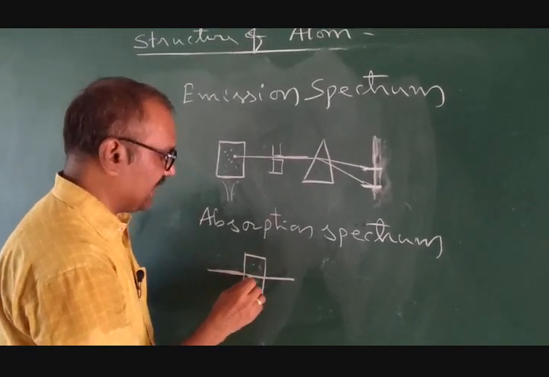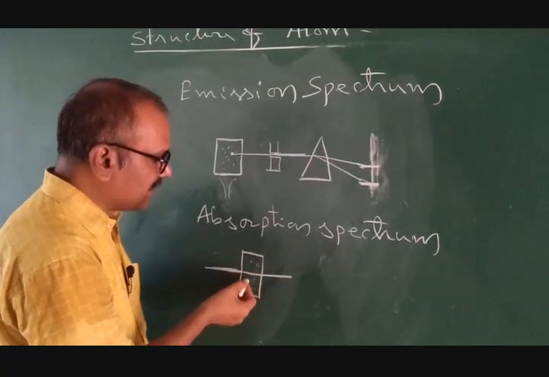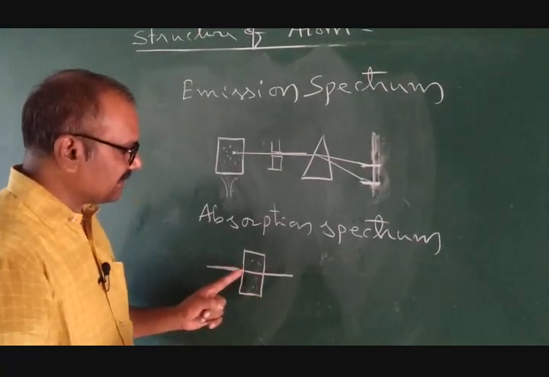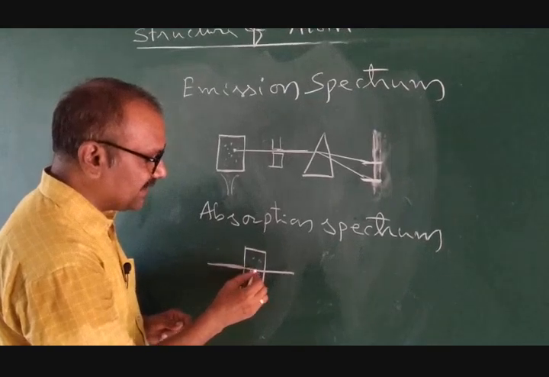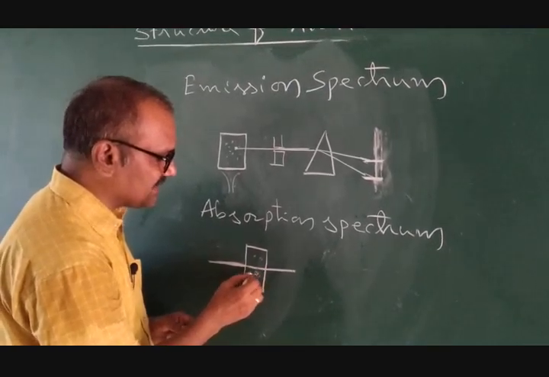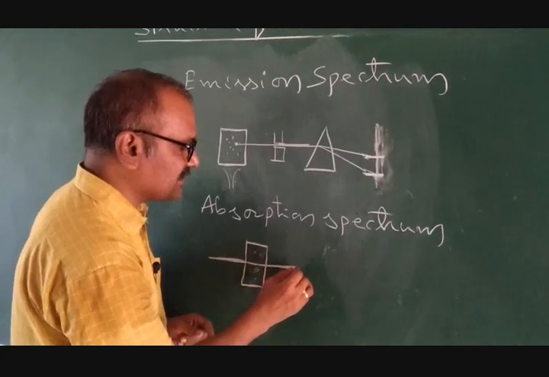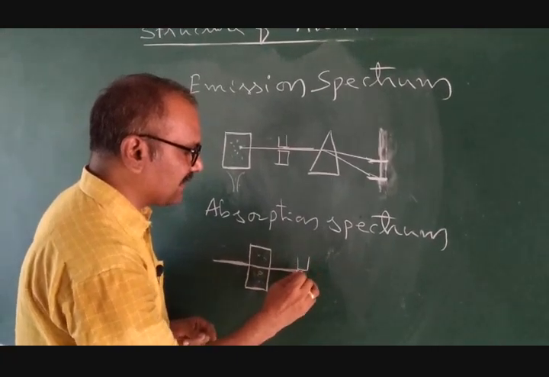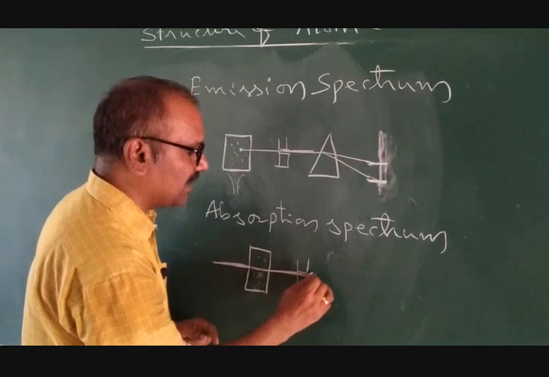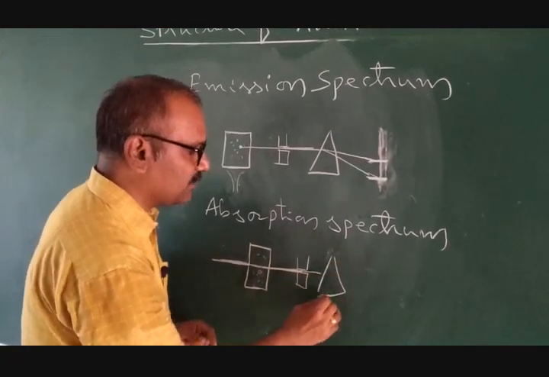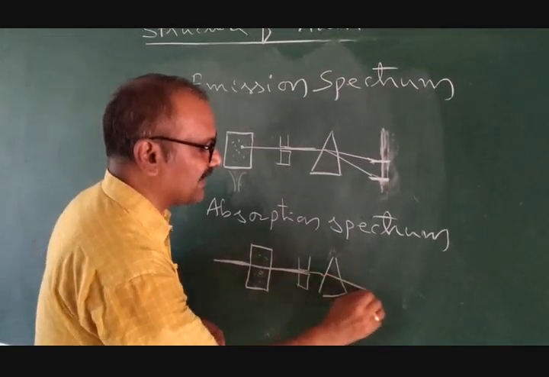gas is there in this vessel, then some of the radiations are absorbed by these gases. The remaining light, that means the transmitted light, is analyzed to get a spectrum, passed through a small hole and allowed to fall on the prism.